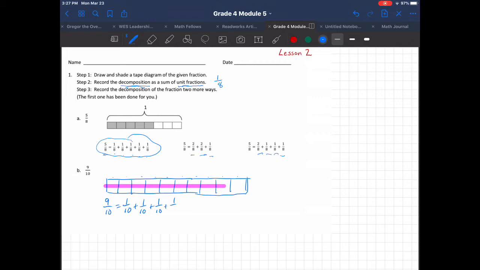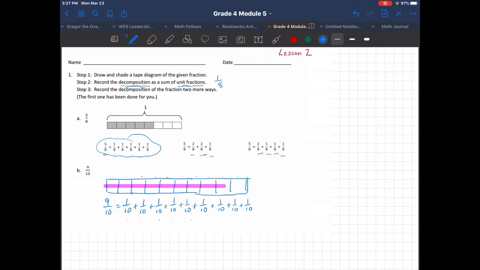Yes, 9 of them. Still going. What have I got so far? 5 of them? 6. 1, 2, 3, 4, 5, 6, 7, 8, 9. Okay, there's my unit fraction. So now I've done step 2.